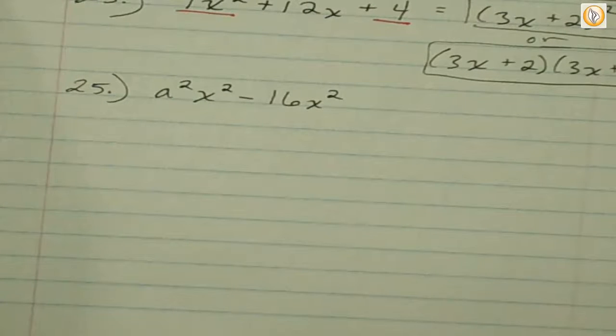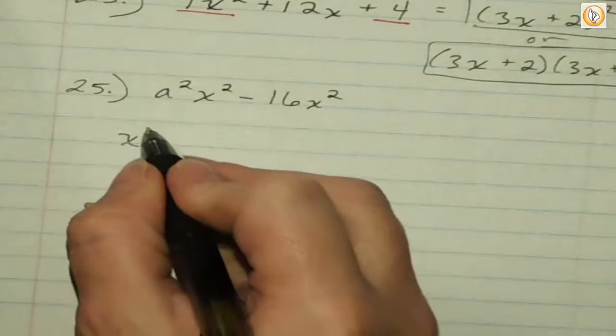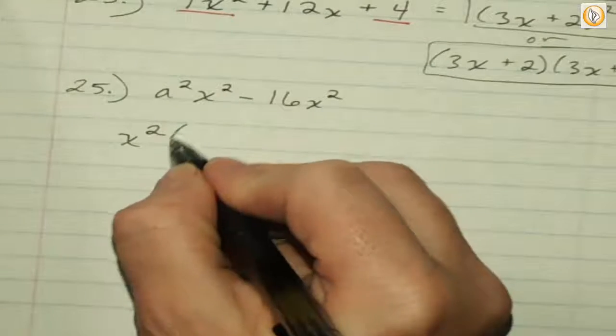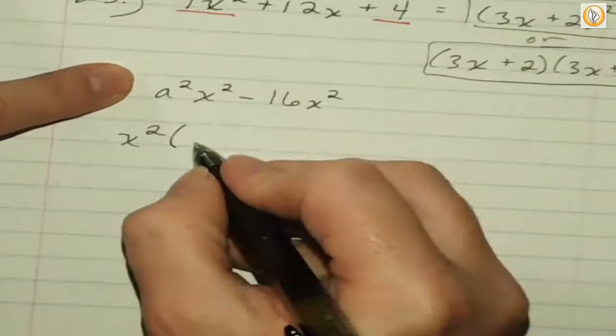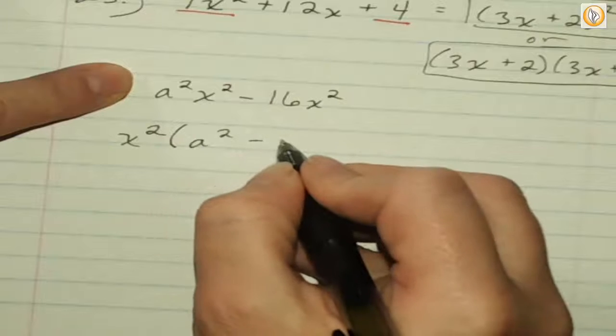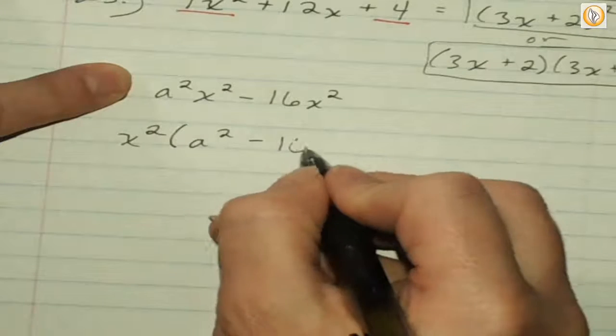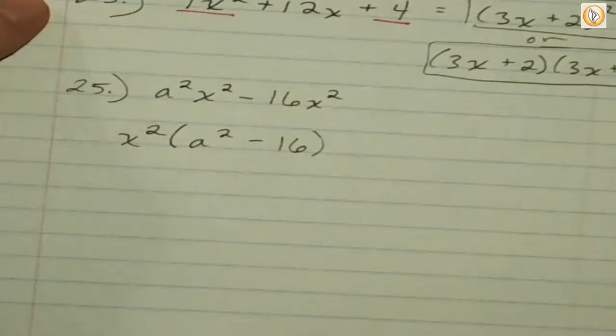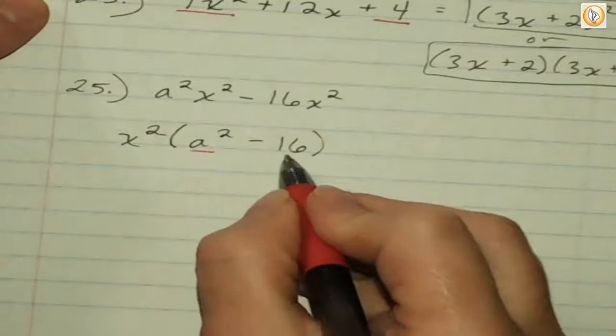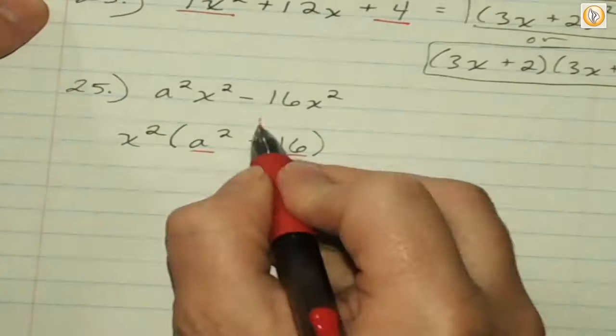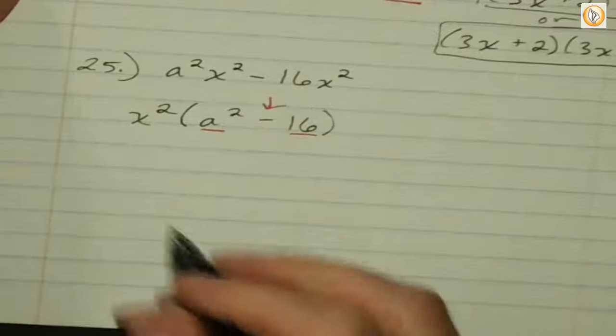Oh, the x squared. We can take the x squared out. What are you left with in the first term? A squared minus 16. Now, technically, both are perfect squares and we have a minus.